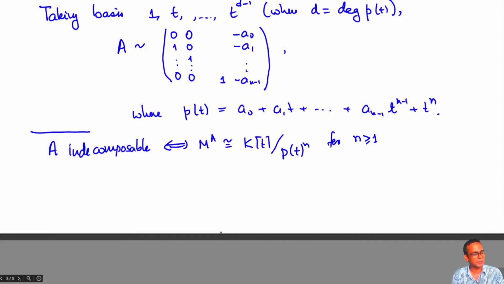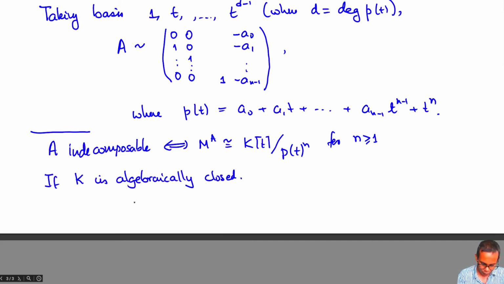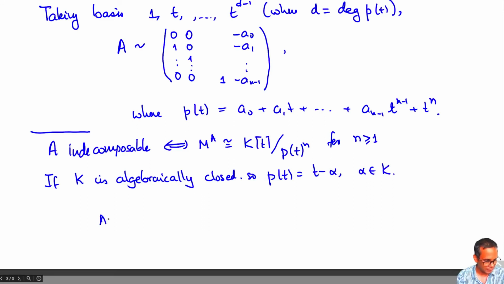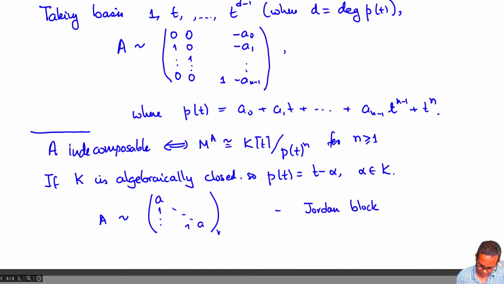But for now, I'll just keep this simple, and let's assume that K is algebraically closed. Then what we've seen is that P(T) has to be of the form T minus alpha for some alpha in K, and what we get is that A is similar to a Jordan block of size n.